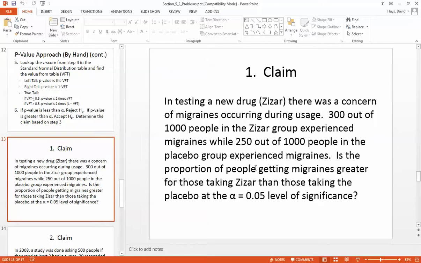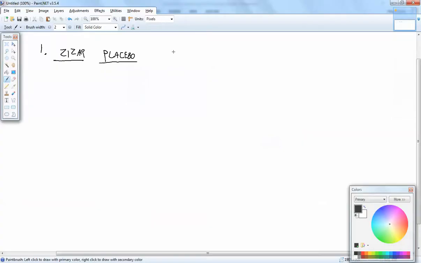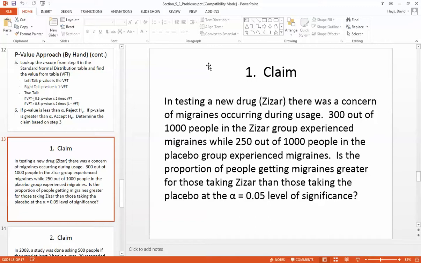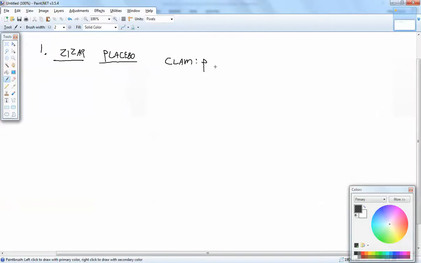Okay, let's write down our claim. Is the proportion of people getting migraines greater for those taking ZScore than those taking the placebo? So our claim is that the proportion of ZScore is greater than the proportion of placebo.